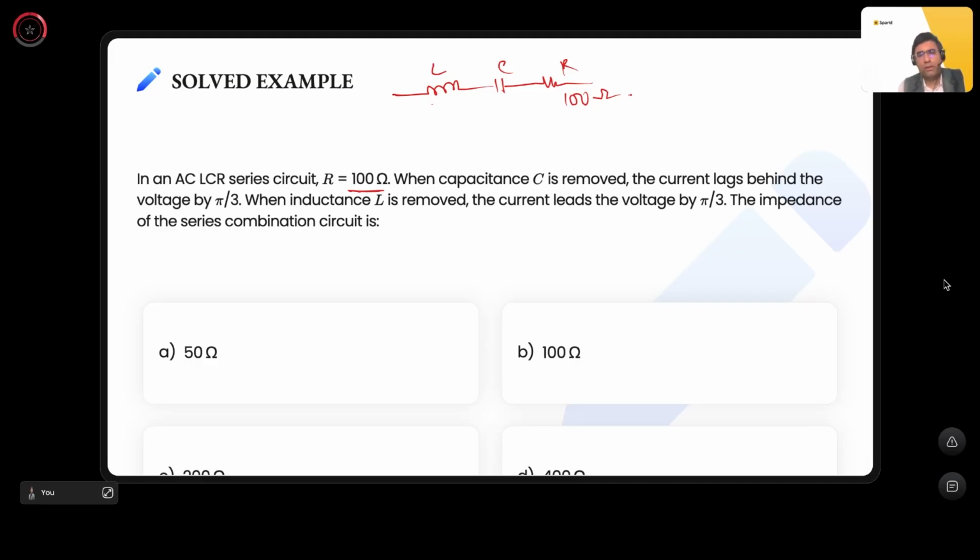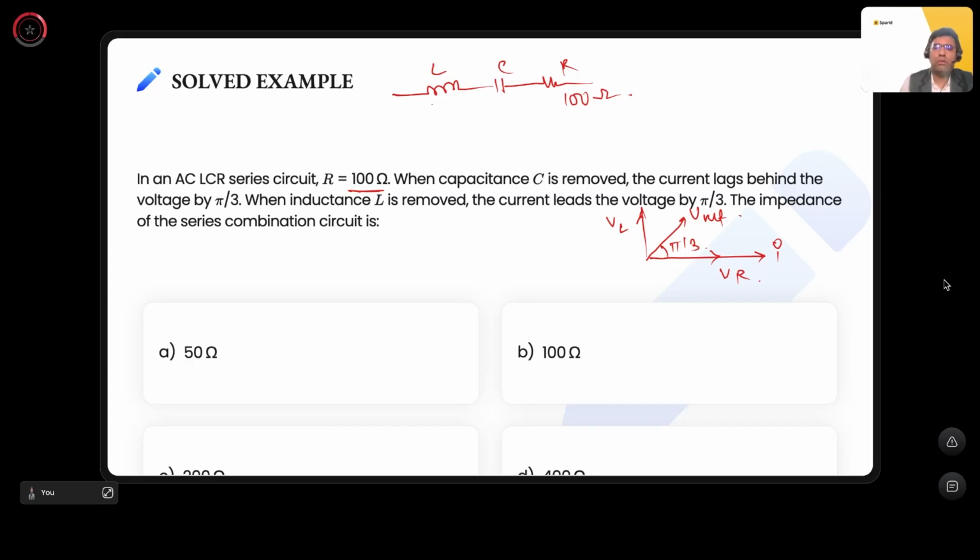So let's draw the phasor for the LR circuit. The phasor will be like this. This will be the current, VR will be like this, VL will be here, and V net will be over here. When C is removed, the current lags the voltage by pi by 3, so this angle is pi by 3.